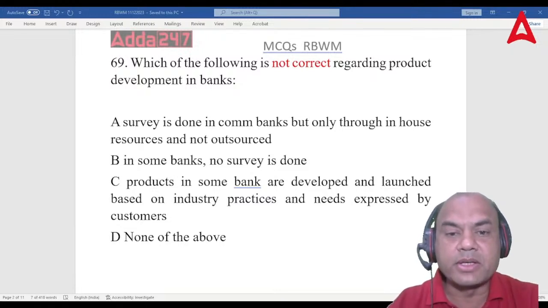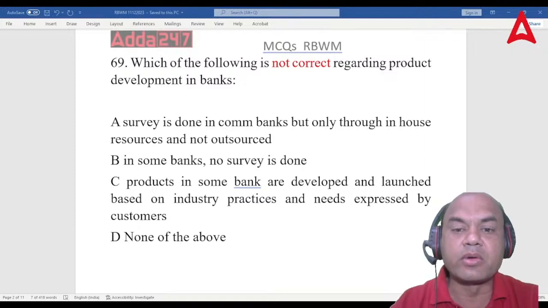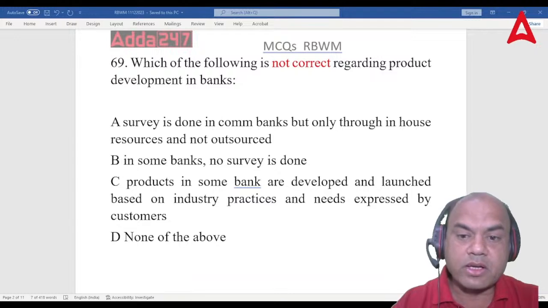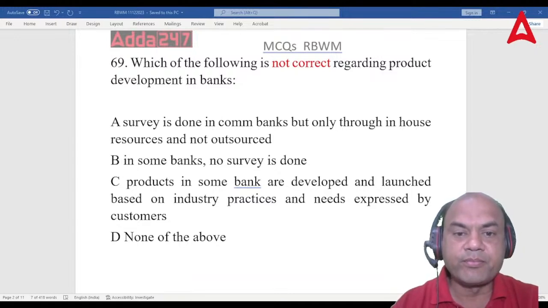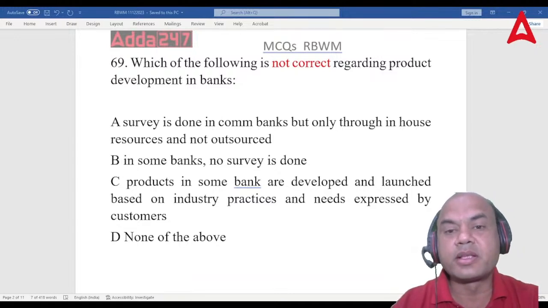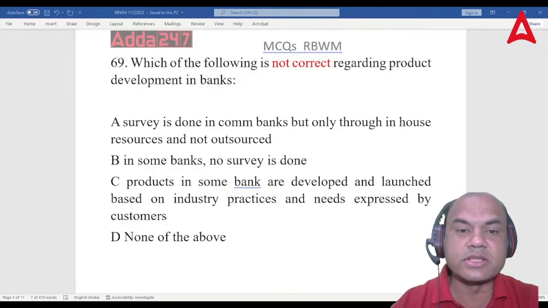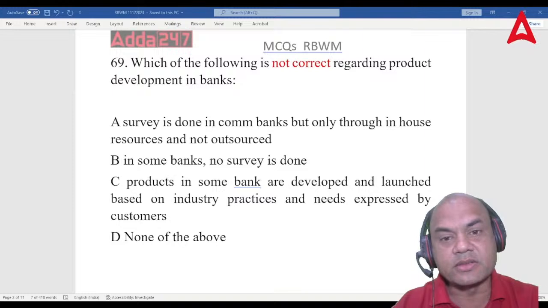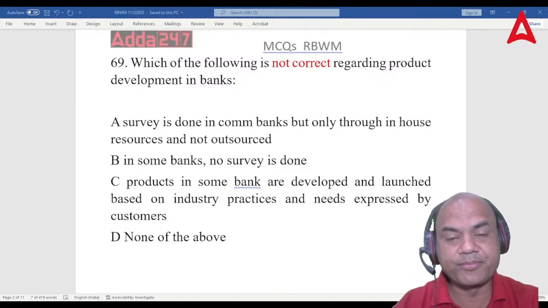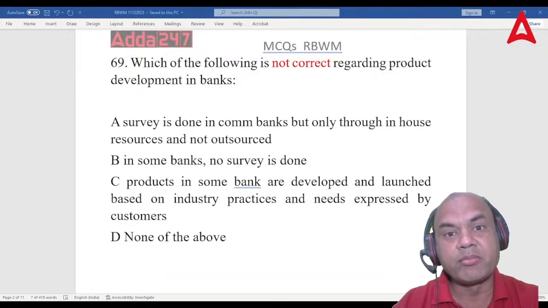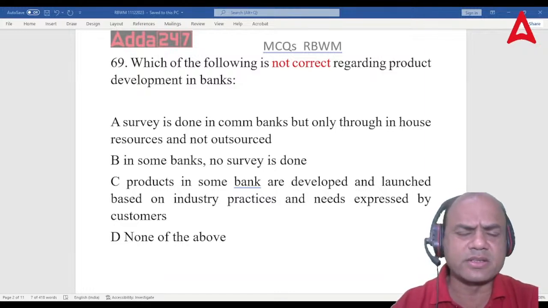Survey is done in commercial banks, but only through in-house resources. So, firstly, what are commercial banks? Commercial banks are nationalized plus private. Both the banks are commercial banks. So, do they do the survey in-house? Think over it. Number two, no survey is done in some banks. It happens in many of the cooperative banks, where no survey is done.